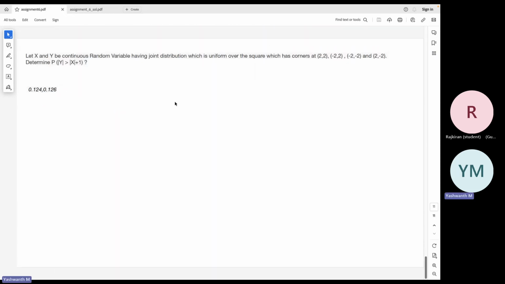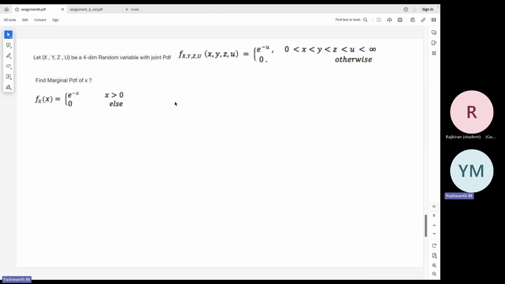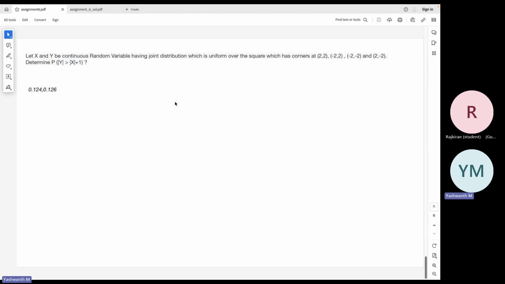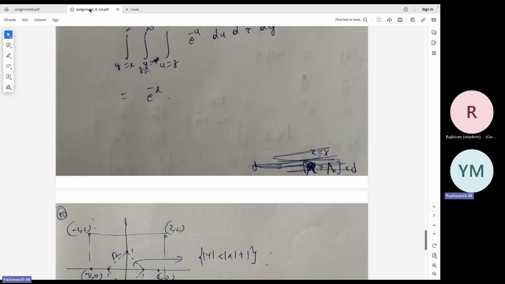We're coming to the last question of today. X and Y are continuous random variables, and they have a joint distribution over a square of side 4. You were asked the probability that you are outside some region. So I just explained it clearly here.